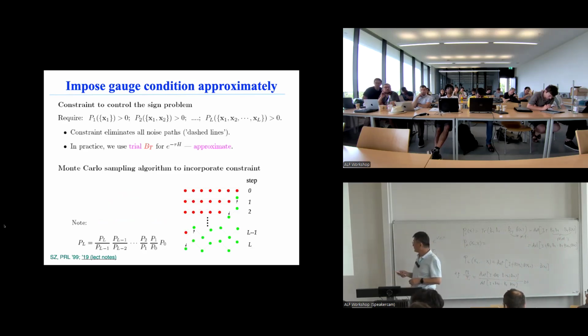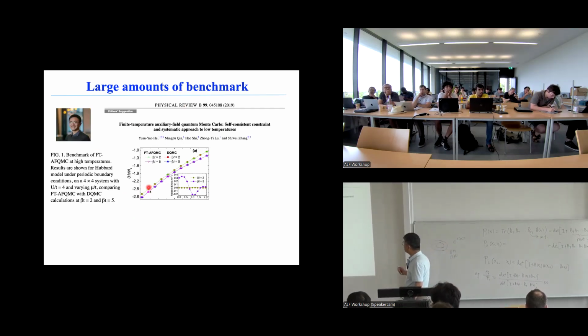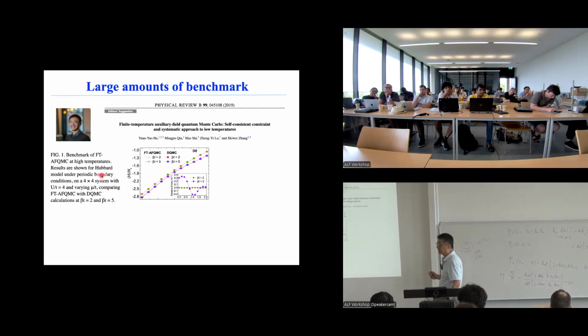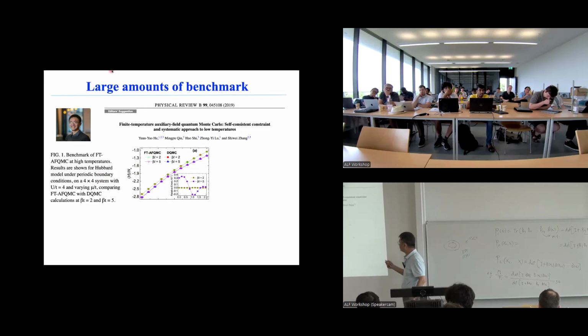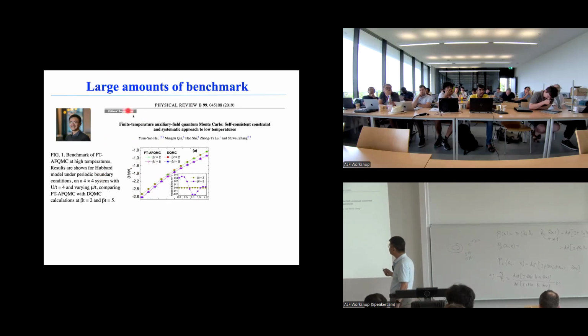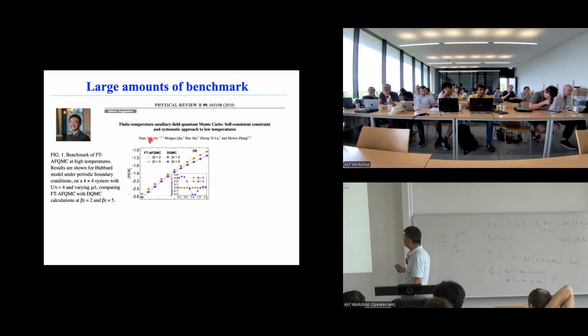Okay. So there have been lots of benchmarks, but since I showed you the finite temperature algorithm, I'll show you some finite temperature benchmarks just to give you an idea. This is work done by Yuanyao He, who is a former postdoc. This, for example, is high temperature.